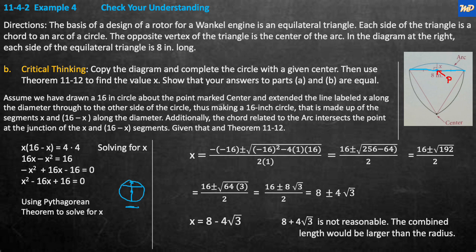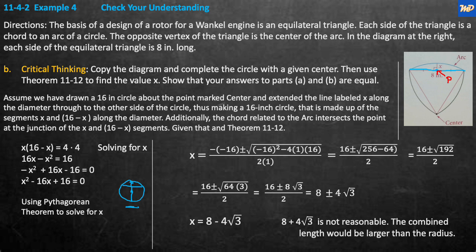Okay, given that, we're going to do some mathematics. x times 16 minus x, that's part of this theorem 11-12, is equal to 4 times 4. The two pieces, which are 4 inches long, and the x and the 16 minus x piece going in the other direction.